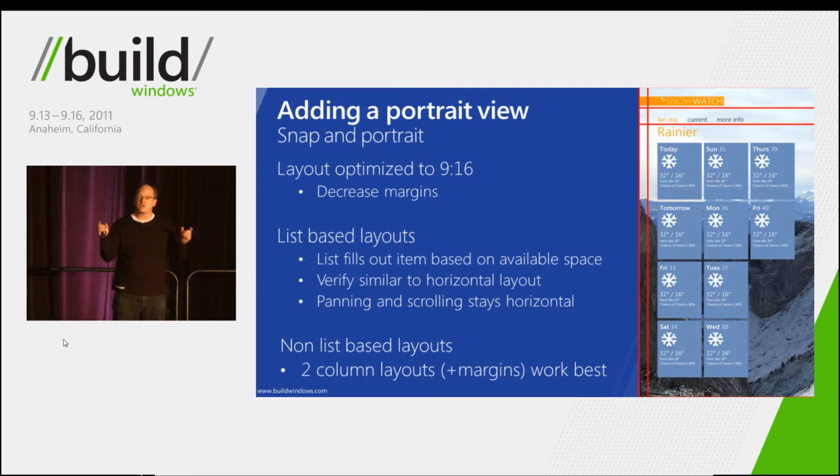So instead of the 120 pixels he recommended, here we would recommend you get smaller. And you can still use a control as you would use it in the landscape mode. Just more items get automatically filled in vertically, and the scrolling and panning direction is still horizontal. If you build a non-list-based layout, we would recommend that you go to a 2-column-based layout, and again, pay attention to the margins, so you really take advantage of the more narrow space.